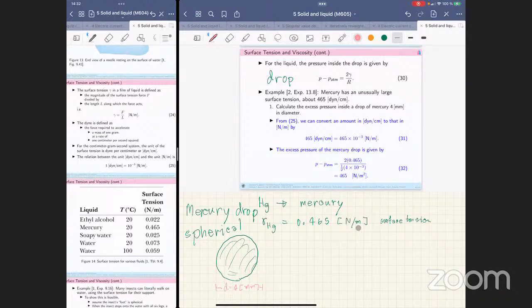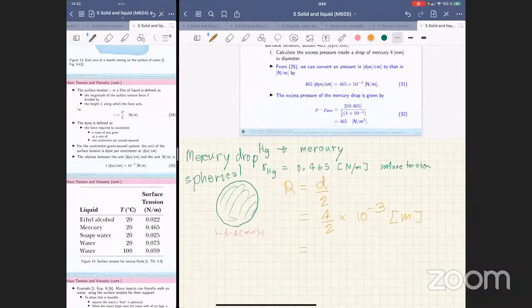The radius would be D by 2, half the diameter, so 4 by 2 times 10 to the negative 3 in the SI scale, in unit of meter. You would have 2 times 10 raised to negative 3 meter.